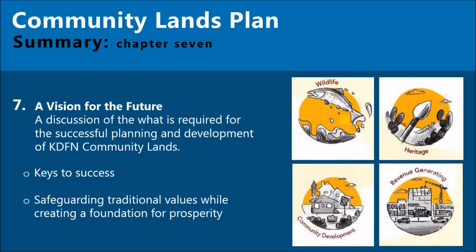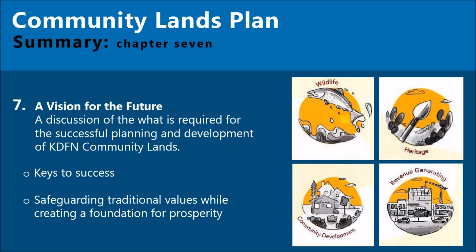So let's try to make a plan that safeguards those traditional values and yet meets the need for Kwalndun to make money from its community lands, because Kwalndun settlement land within the city of Whitehorse is really going to form the basis for the First Nation's financial future prosperity.